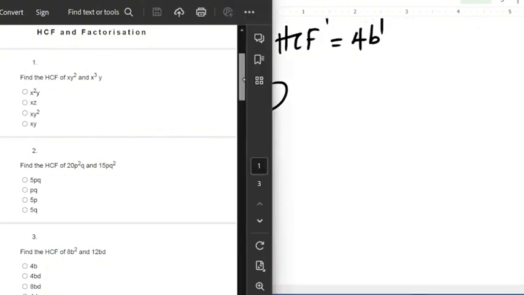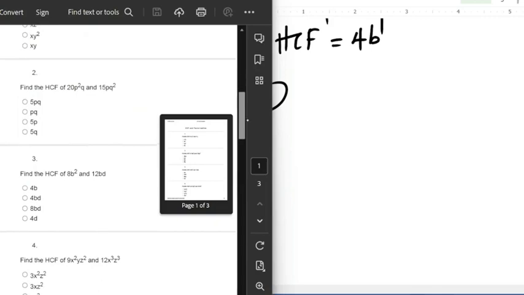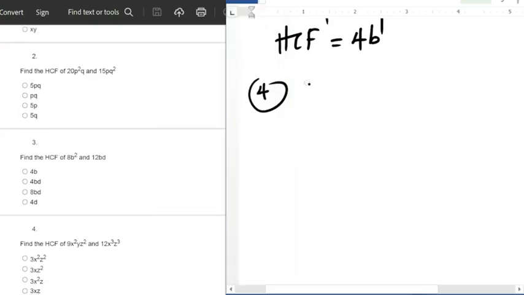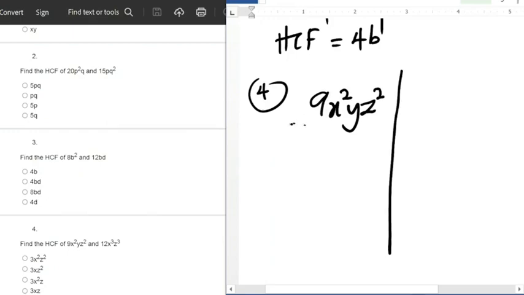For question number 4, it's still under ACF. The question asks us to find the ACF of 9x squared yz squared and 12x cubed z cubed.